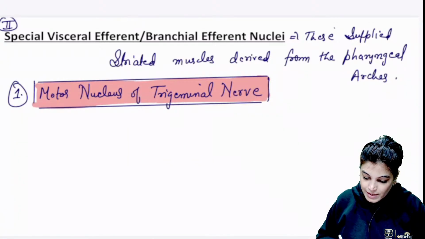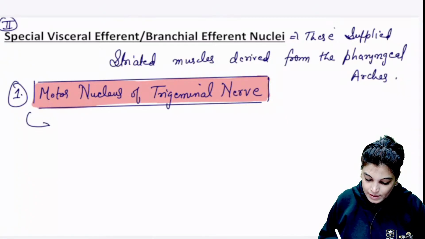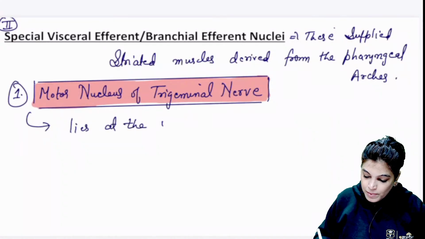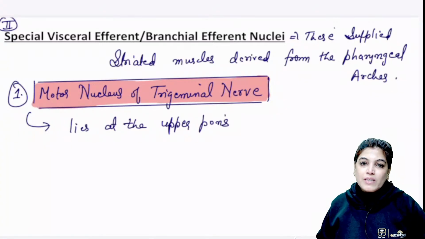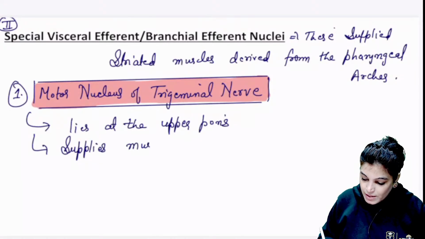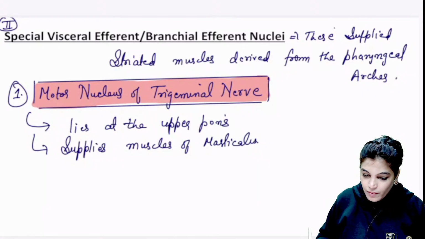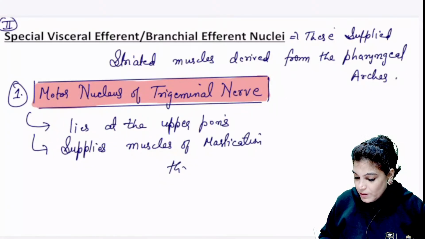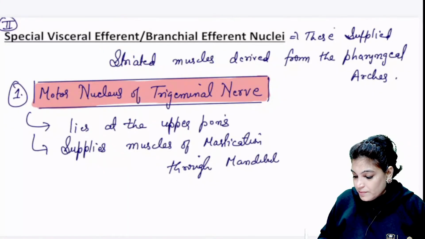The motor nucleus of the trigeminal nerve lies at the upper pons, and supplies muscles of mastication through the mandibular nerve.